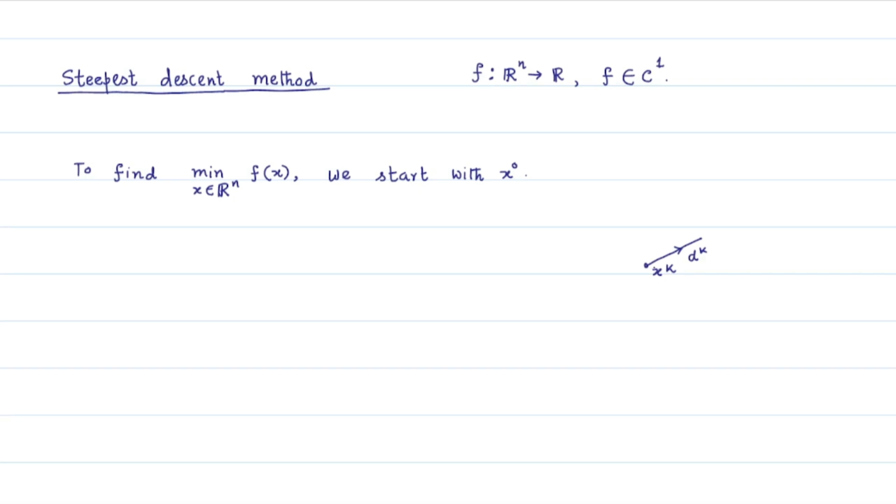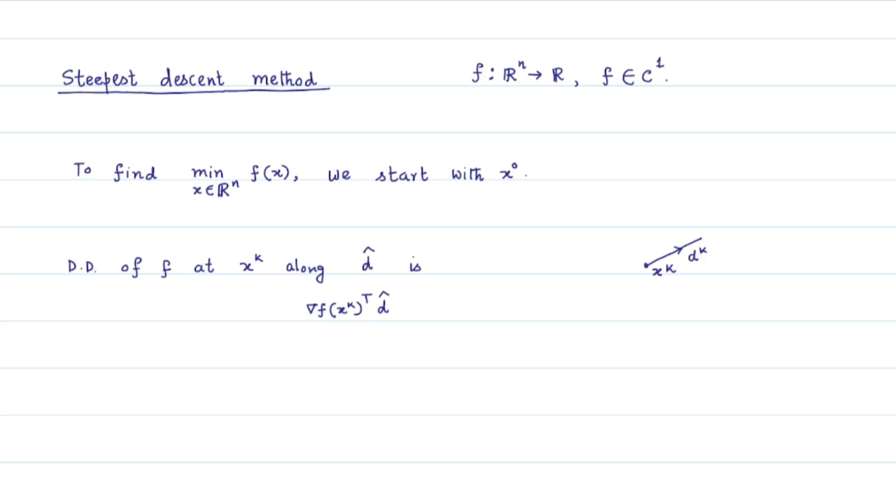We notice that the rate of change of the function value at the point xk along the direction dk is given by the directional derivative. And as the function f is continuously differentiable, the directional derivative of the function f at the point xk along a direction of unit length, say d hat, is given by the gradient at the point xk transpose d hat.